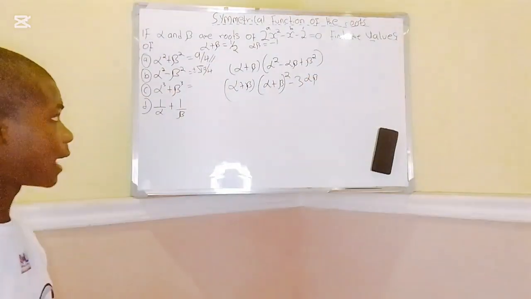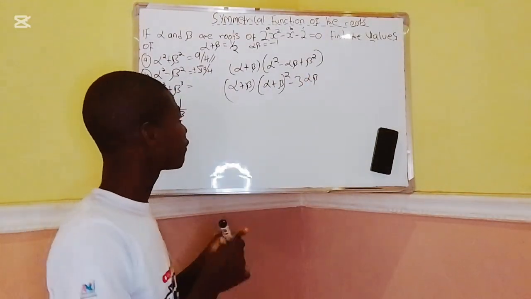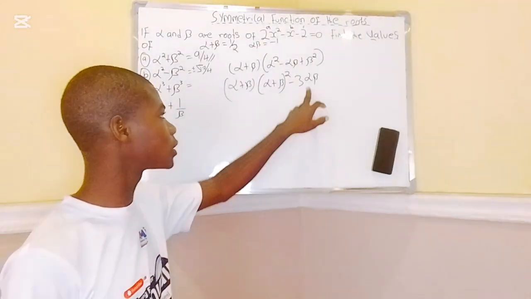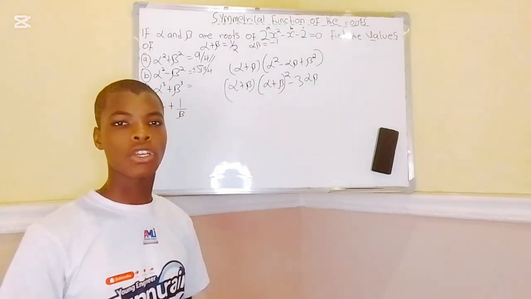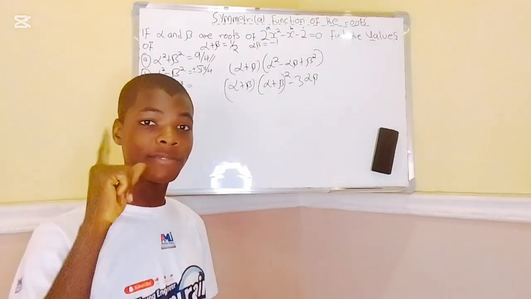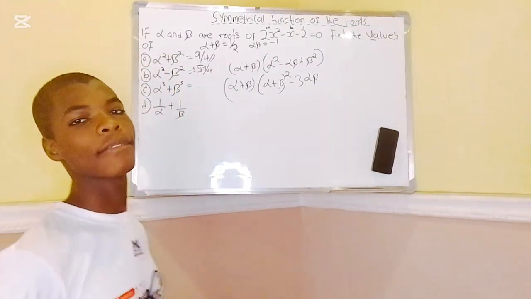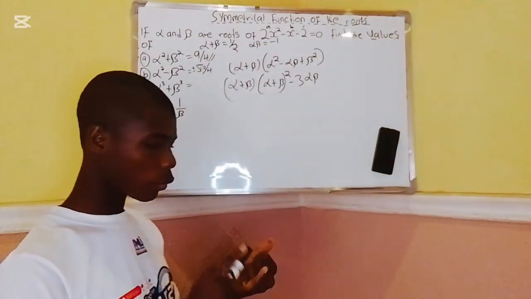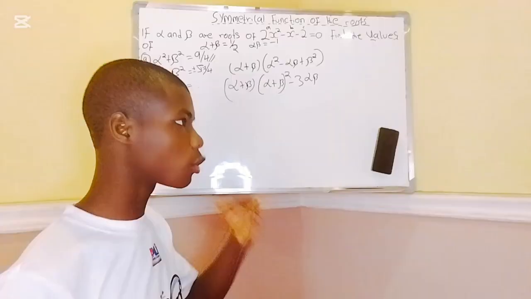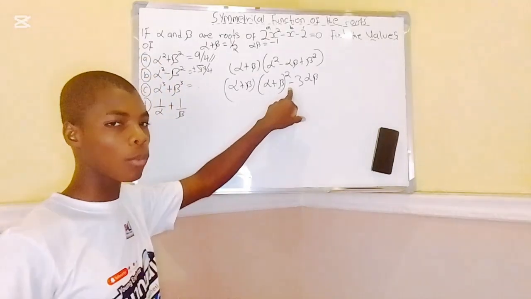The reason is that in simplifying this alpha cube plus beta cube, I must have 3 alpha beta. So I will never have 1 alpha beta, but I will have 3 alpha beta. One becomes positive, one becomes negative, and the other one becomes positive. At the end, it becomes negative 3 alpha beta.